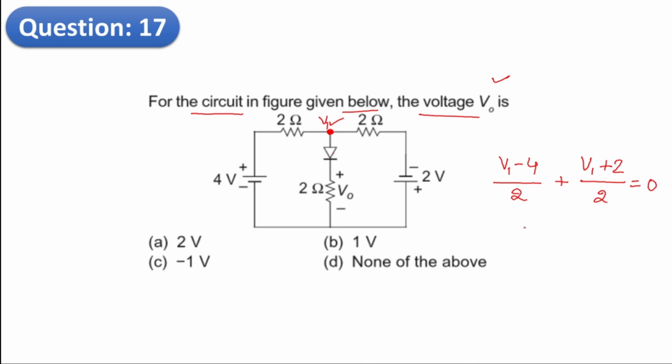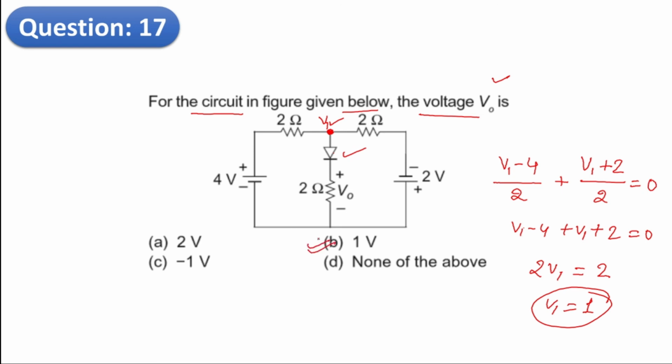So V1 minus 4 plus V1 plus 2 equals 0. So 2 V1 equals 2, so V1 equals 1. At this particular terminal V1 is 1, and in that case this diode will be in forward bias. So we can choose option number B, which is the correct option.